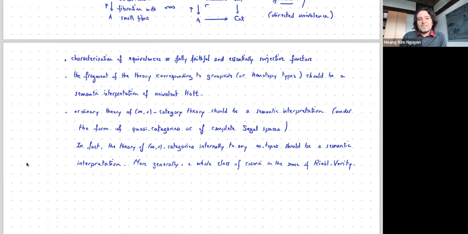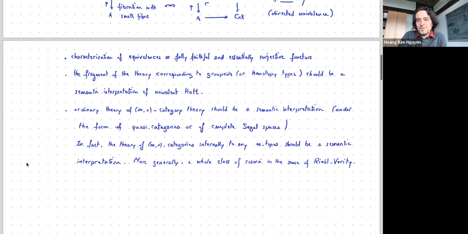And the interest also is that we won't have semantic interpretations only in ordinary infinity-one category theory, but also other instances such as infinity-one categories seen internally in any infinity topos, for instance, would be a semantic interpretation.